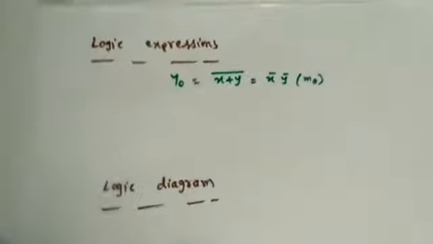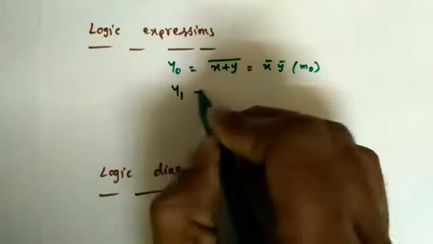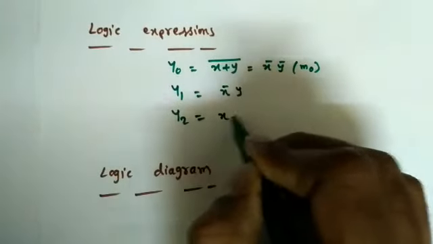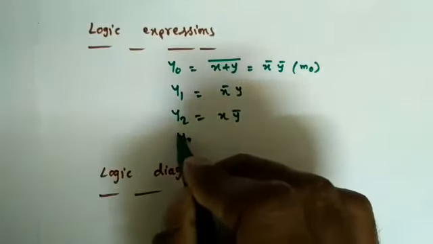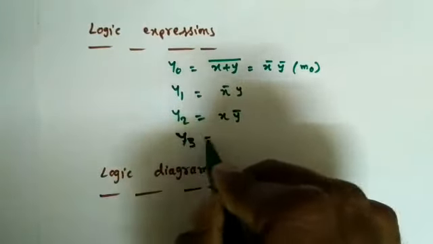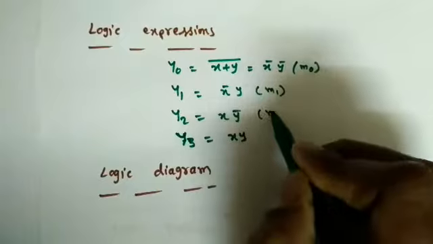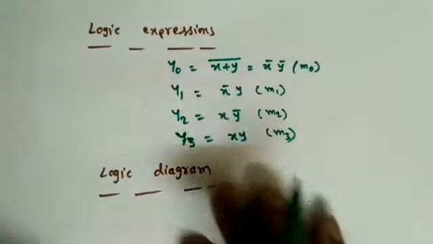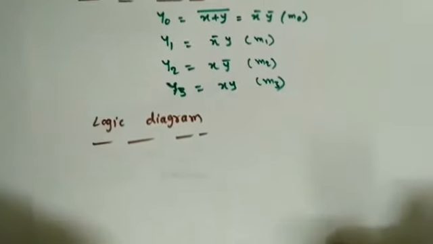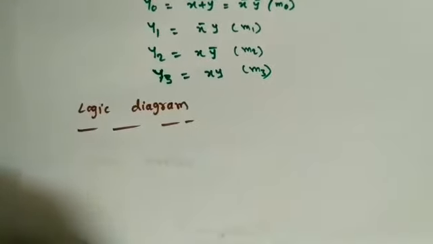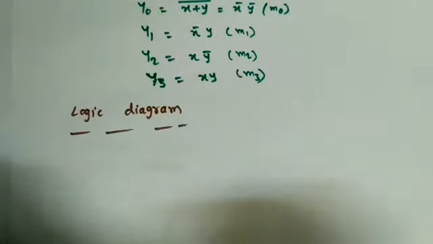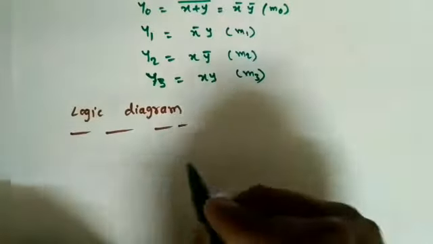Those are the logic expressions we get. Y1 is x bar y, Y2 is x y bar, and capital Y3 is simply xy. These are nothing but the minterms m1, m2 and m3, so we get minterms as the logic expressions of the decoder outputs. Once we get these Boolean functions, how can I draw the logic diagram? Depending on the gates. If I see x bar into y bar, what is this?